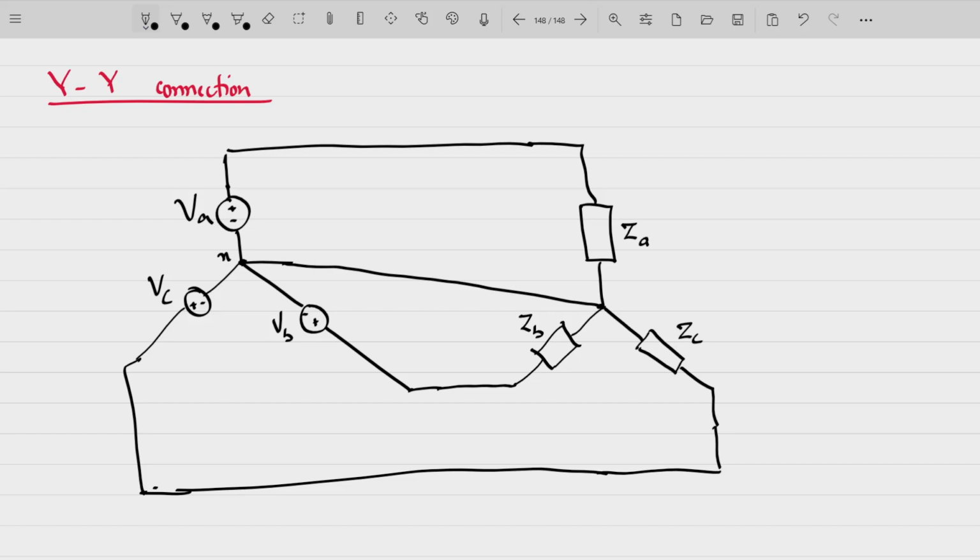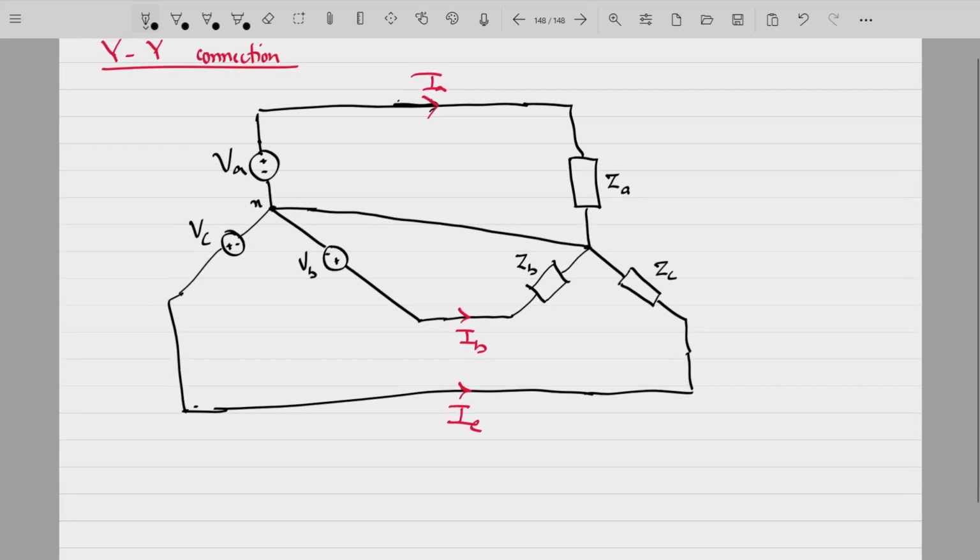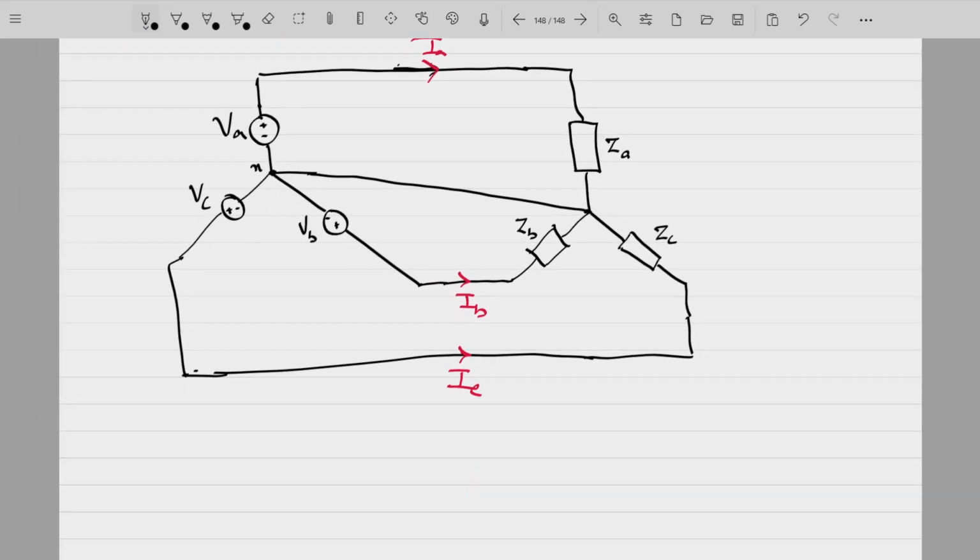Fine. Let the current that is flowing in this particular line be IA, let this current be IB, let this current be IC. So this is your star connected three-phase element where we have a three-phase voltage source connected to three loads. The three loads here are represented by ZA, ZB, and ZC.